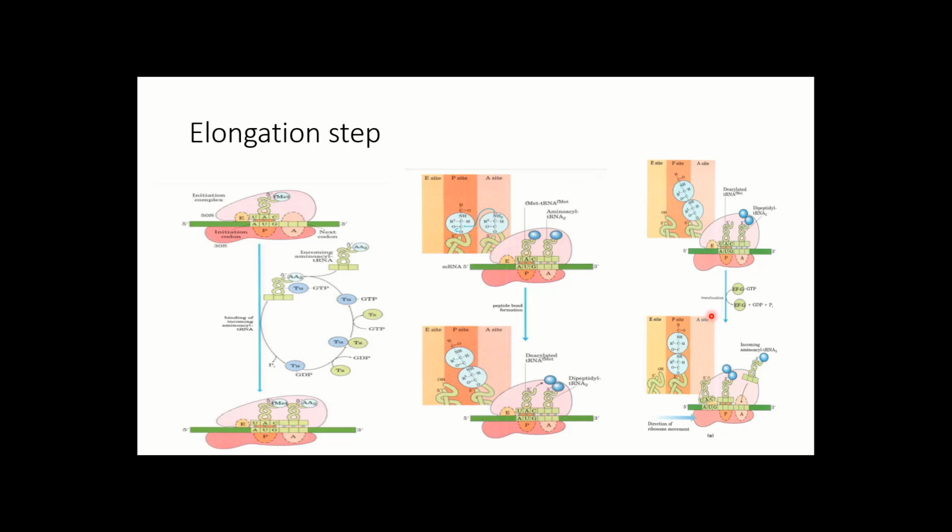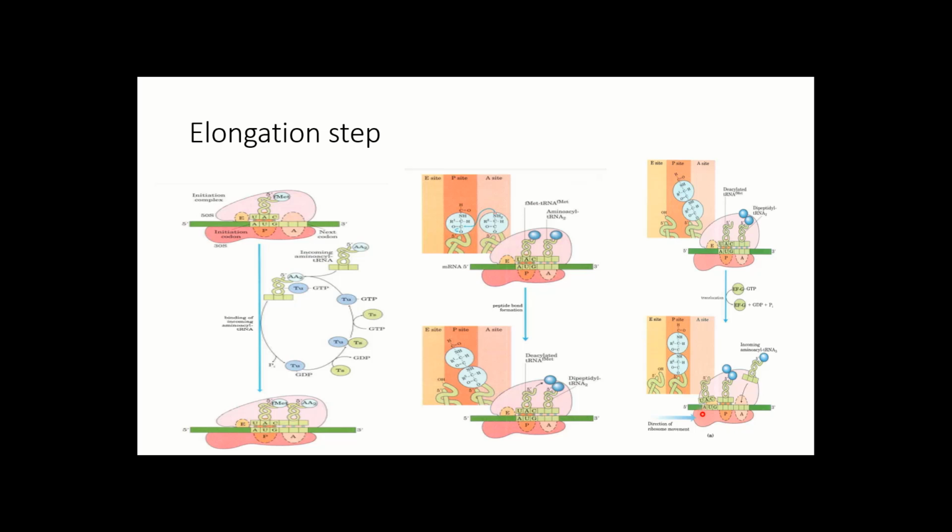In the translocation event the ribosome will slide or move forward. Due to this movement, the A site will be empty again because the ribosome is moving in this direction, and the peptide tRNA will come to the P site.